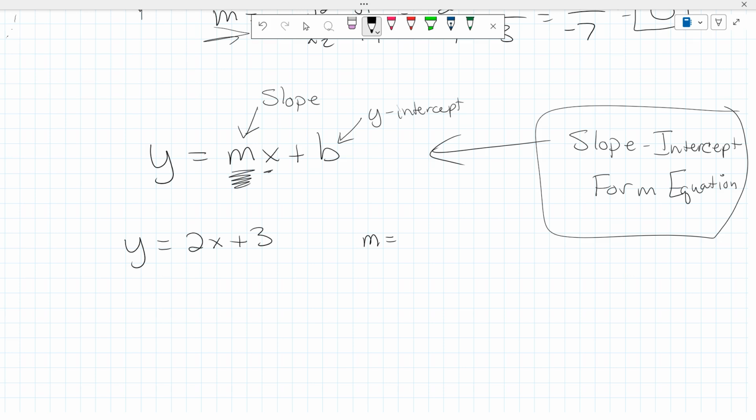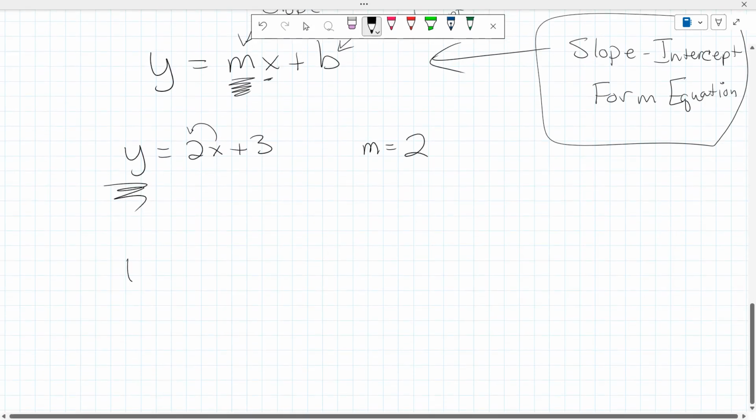What's the number in front of X? 2 is our slope. Okay? That's all you have to do. Look at the number in front of X, and that's going to be your slope if Y is all alone. That only works if Y is all alone. So if Y equals 1/3 X minus 5, what's our slope?